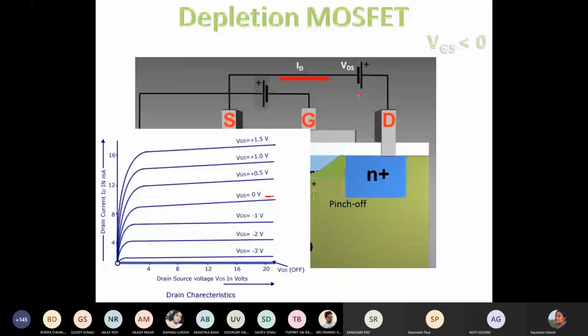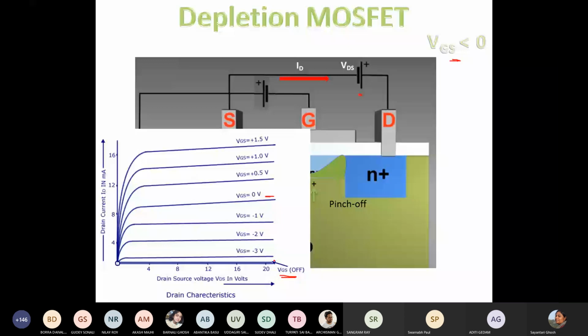Okay, so this way the current will go down and down, and at a certain value the entire channel will be lost of any electrons because all the electrons will be recombined with some holes, no electrons there to carry the electricity anymore, and there you will have VGS off. Okay, so that is the cutoff voltage, that is the negative voltage, maximum negative voltage that you can apply. At that value the current will be completely cut down.